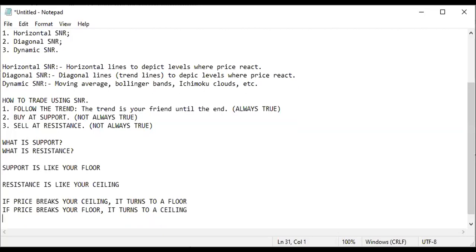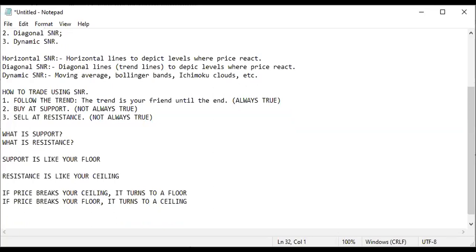So what exactly do I mean? I mean, if price breaks your ceiling, what is ceiling? Ceiling is your resistance. It turns to what? A floor. Floor is what? Support. All right? And if price breaks your floor, which is your support, it turns to what?